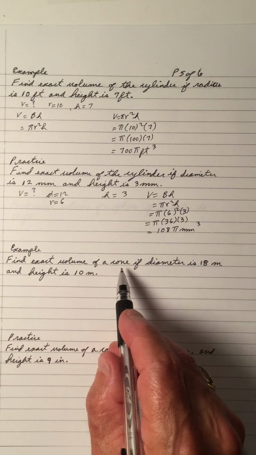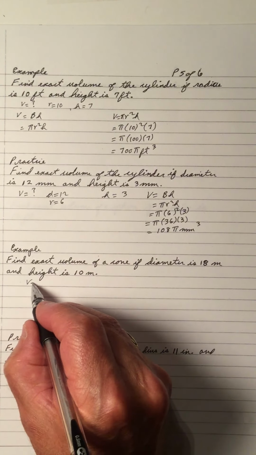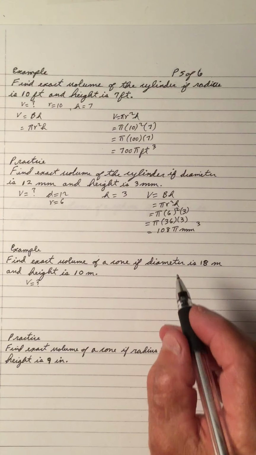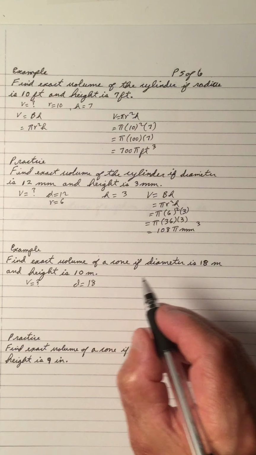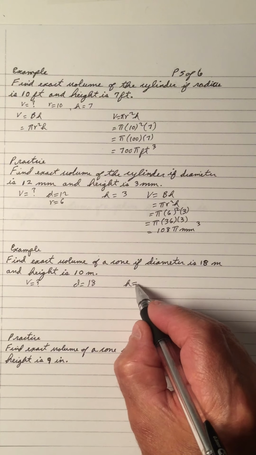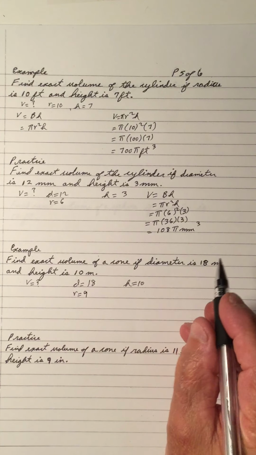Find the exact volume of a cone. So we have a cone, and the volume is what we have to find. The diameter is 18, and the height is 10. So if the diameter is 18, your radius is 9.